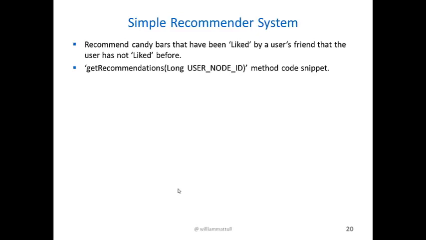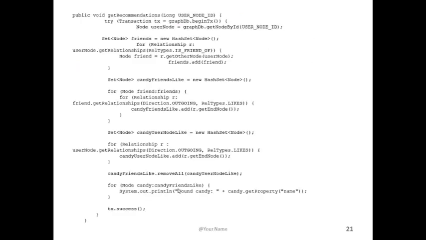We can build a simple recommender system based on candy bars that have been liked by a user's friends, but the user itself has not had or liked. And here you can see the code for that. We again create a series of hash set objects, and we populate those first for the friends and the candies that the friends like.